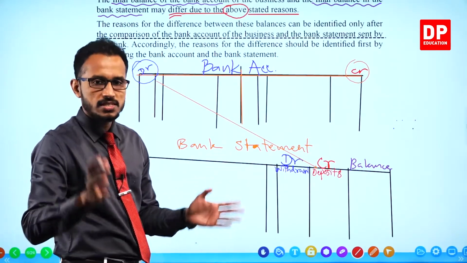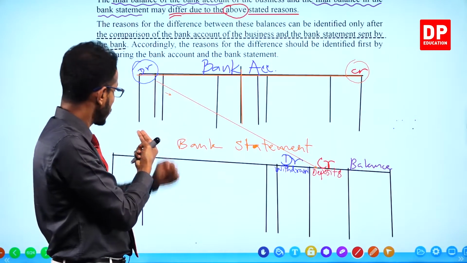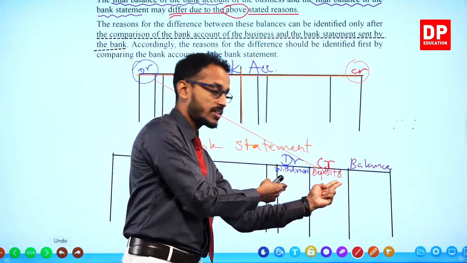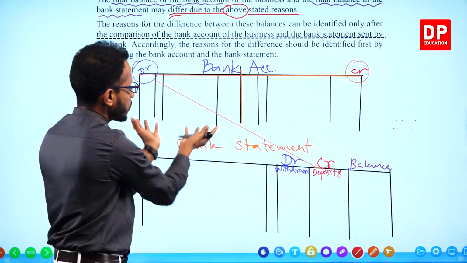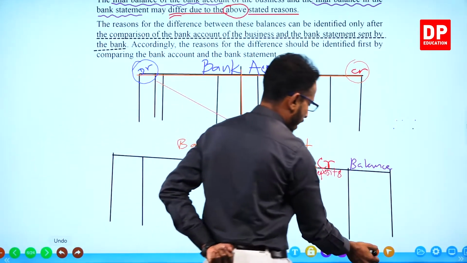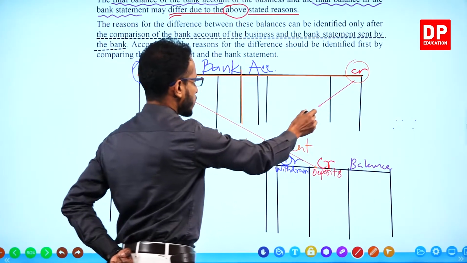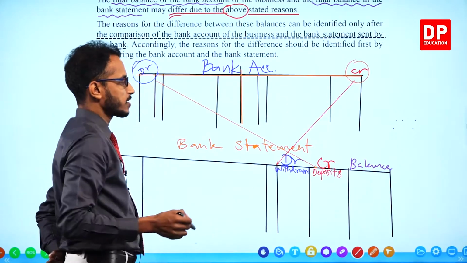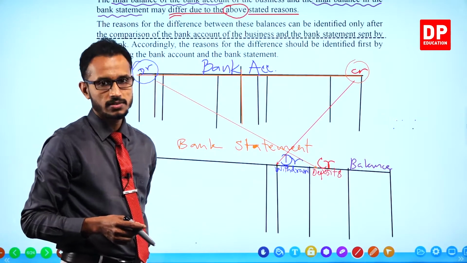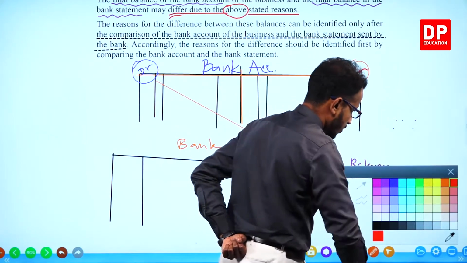Since all the deposits and cash receivings are debited in our bank account, but in the bank statement, deposits are credited, our debit side should be compared with the credit side of the statement. And not only that, our credit side should be compared with the debit side of the bank statement. Got it? These are not rocket science, not so very complicated.